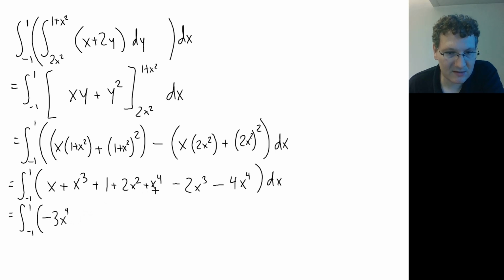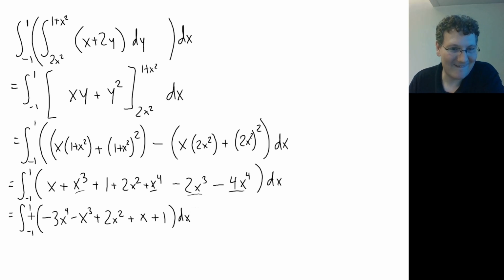So actually we can tidy this up a teeny bit more. We have negative 3x to the fourth. We have x to the third, that's the x to the third minus 2x to the third, so that's minus x to the third. Those are done. We have plus 2x squared plus x plus 1 dx. All right, let's evaluate this thing.